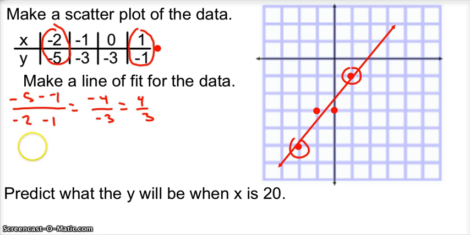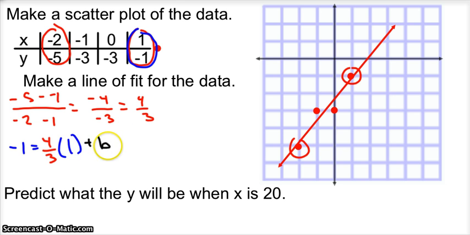Now I'm going to plug everything in. So I'm going to use this point. I'm going to change my color. And I'm going to use this point when I plug things in. So it's going to be a negative 1 equals 4/3, because that's my slope, 4 over 3. Then I'm going to take that times 1, because my x is going right here, and then plus b.